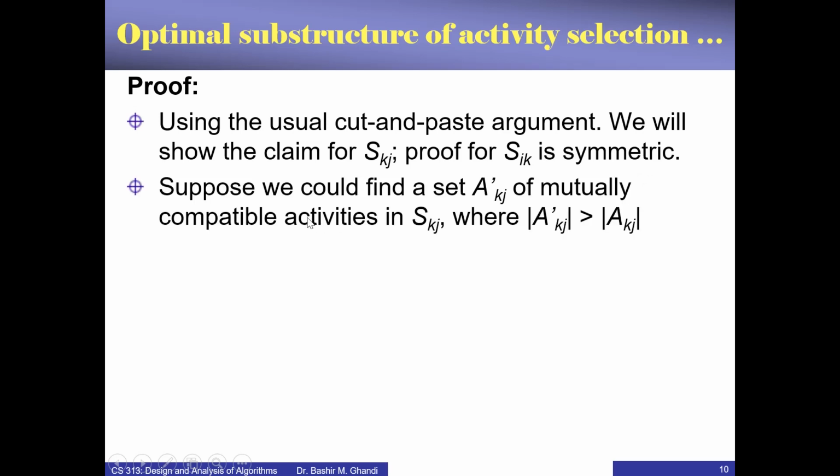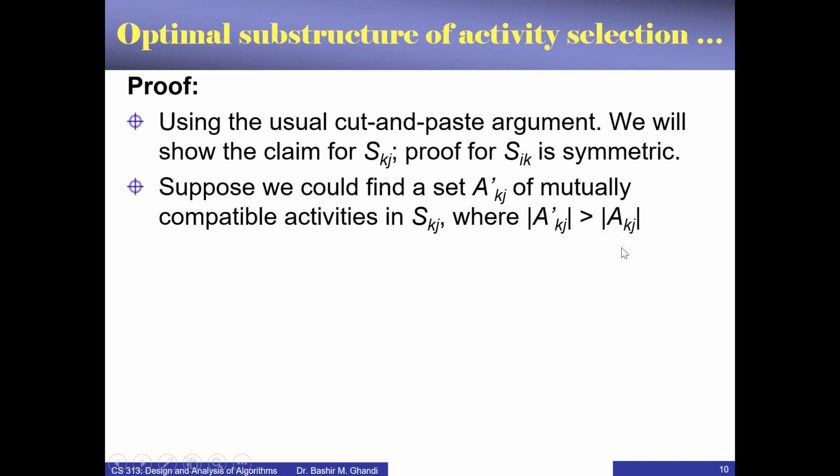So suppose we could find another subset, A'kj, of mutually compatible activities in the subproblem Skj, which has more elements than Akj. Suppose we can find another one that has more elements.